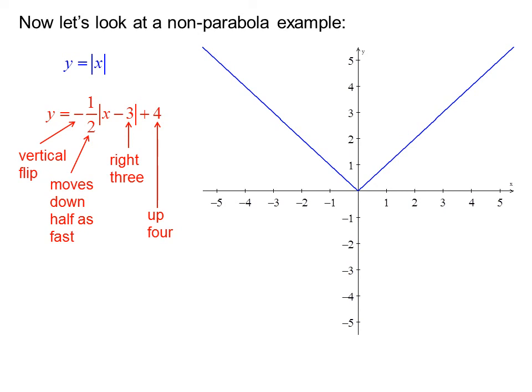So the point is going to be right 1, 2, 3 and up 1, 2, 3, 4. So the point is going to be right there, and it's going to open downward. So we have the point at 3, 4, and there's our graph.